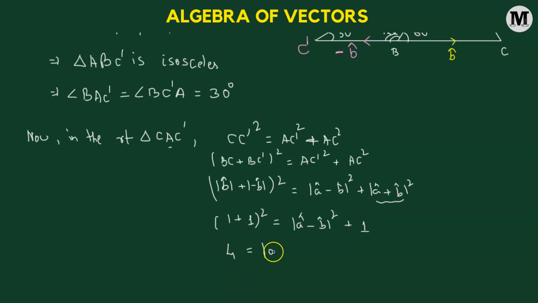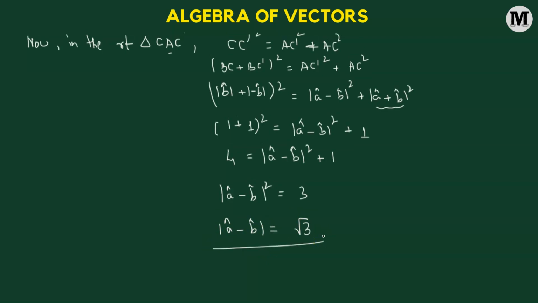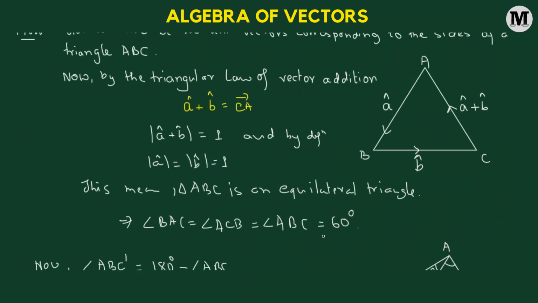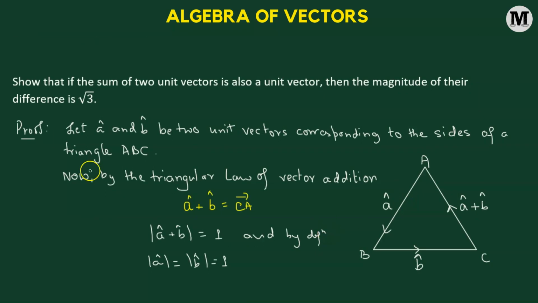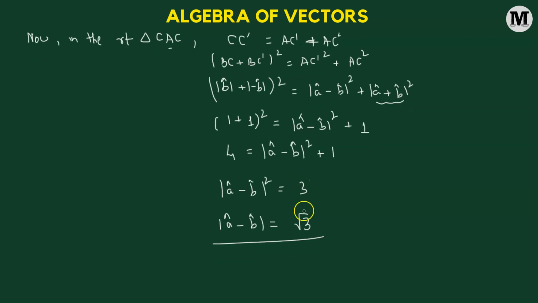So 4 will be equal to the magnitude of a cap minus b cap squared plus 1. So let's rearrange the terms. We have the magnitude of a cap minus b cap, whole squared, equal to 3. We'll take the square root on both sides to get the magnitude of a cap minus b cap equal to square root of 3. So we have successfully shown that the magnitude of the difference of the two unit vectors is square root of 3. Hence proved.